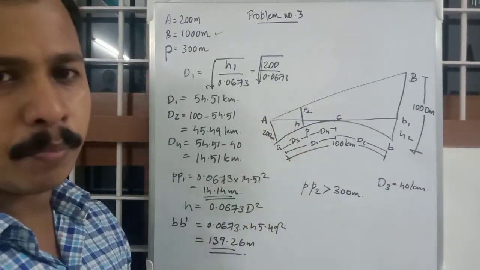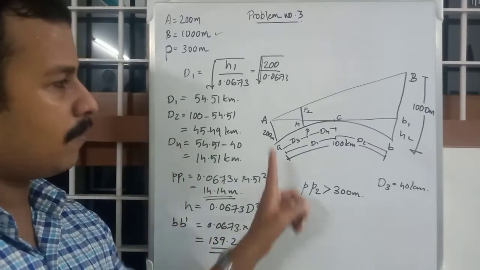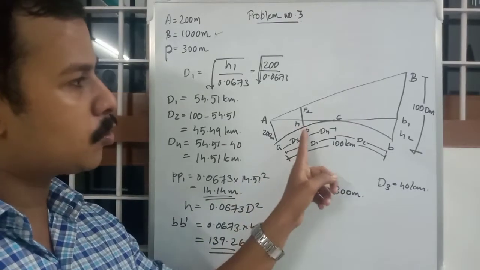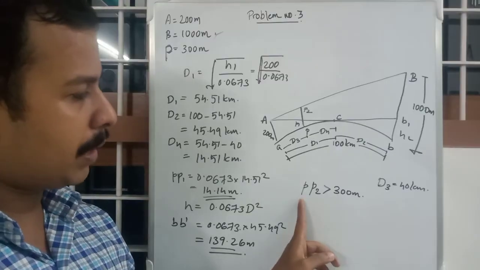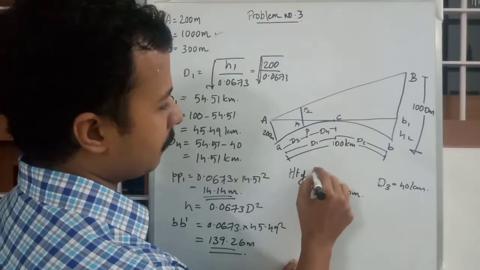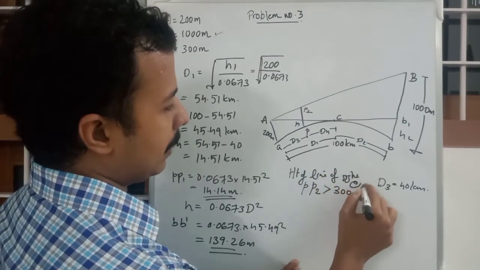So what is PP2? PP2 is not the height of peak P, it is the height of line of sight at P. The similar thing we used to name for B in the last problems. So PP2 is the height of line of sight at P.